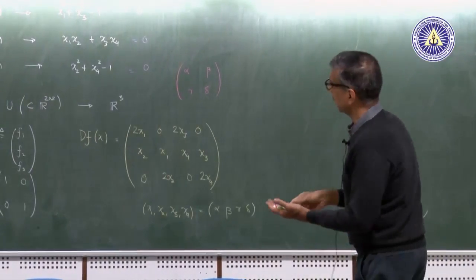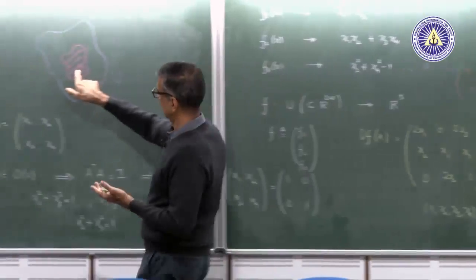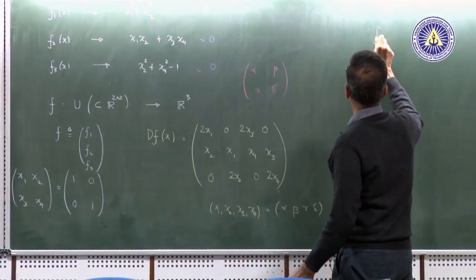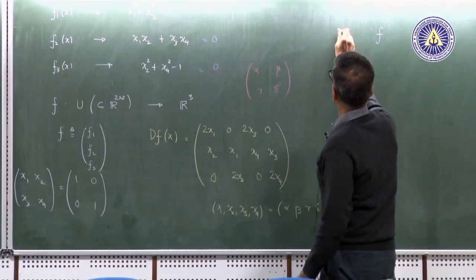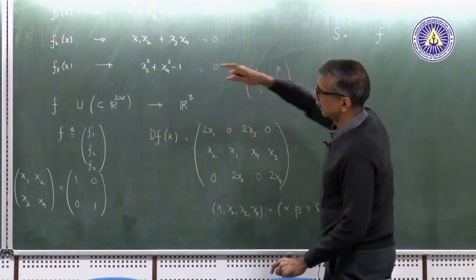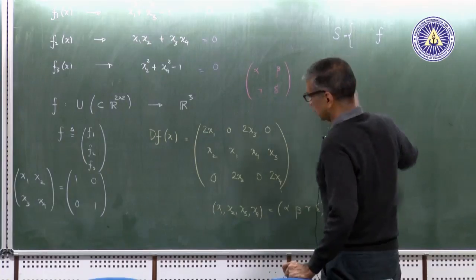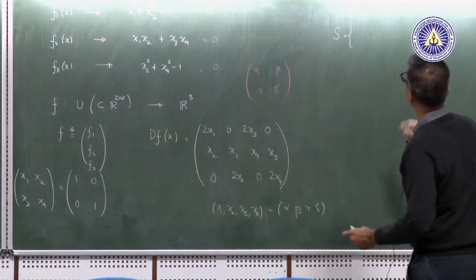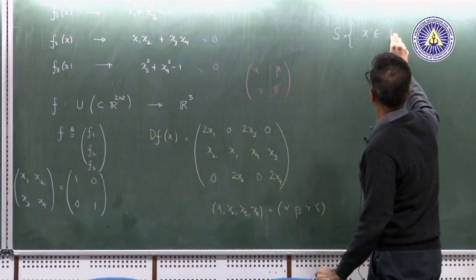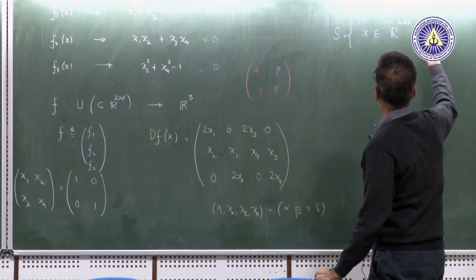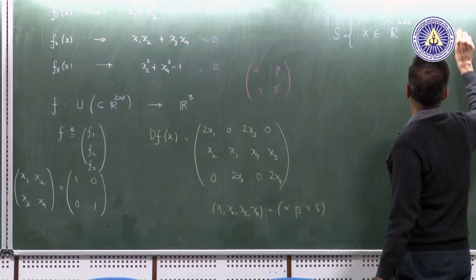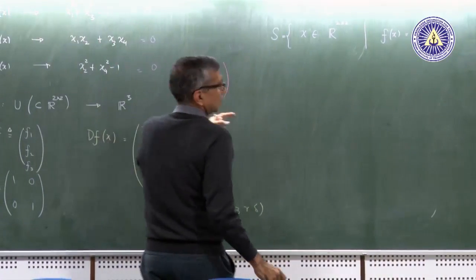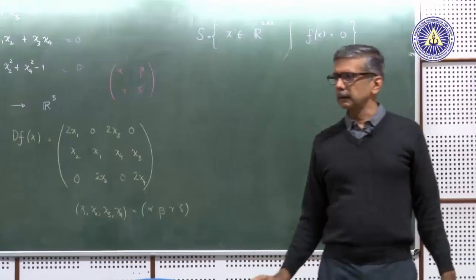Right. So, indeed, this here is the level set of this function f, because it is all points for which, so level sets are also written as this S, or that patch is all x, right, because this is equal to 0, this is equal to 0, this is equal to 0 is giving me all the orthogonal matrices.